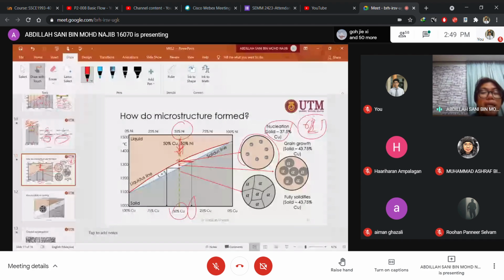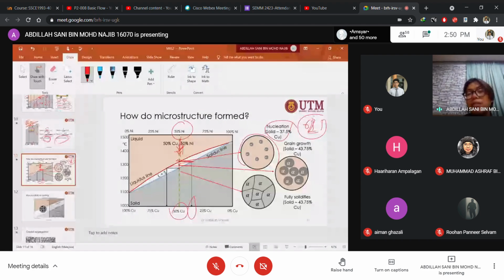So that is why it is more. So when the solidification continues, you can see that at this point, if you draw the tie line, the composition will be different. Okay, the composition will change. You see?